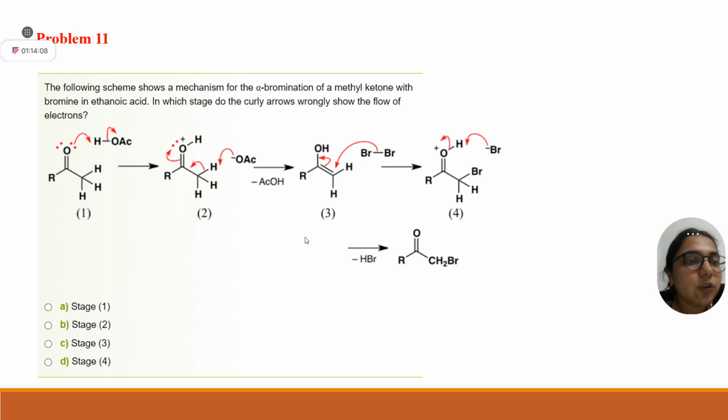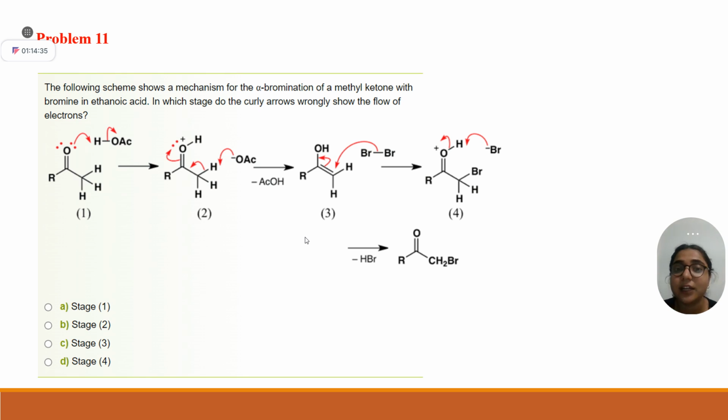The following scheme shows a mechanism for alpha bromination of methyl ketone with bromine in ethanoic acid. In which stage do the curly arrows wrongly show the flow of electrons? Tell me, students. They are asking in which intermediate the arrow flow is wrong.